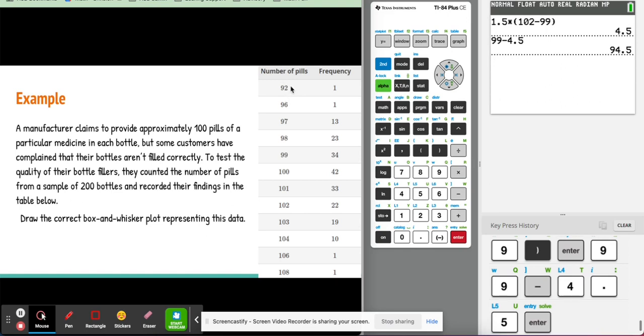So that means that 92 is going to be an outlier. I'm going to put it on my number line as a dot, not included in my box and whisker plot. That means that my next minimum value is going to be 96. 96 is going to be the minimum of my box and whisker plot.